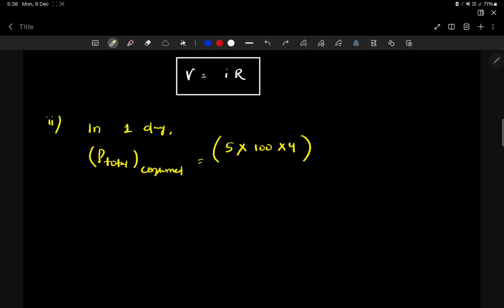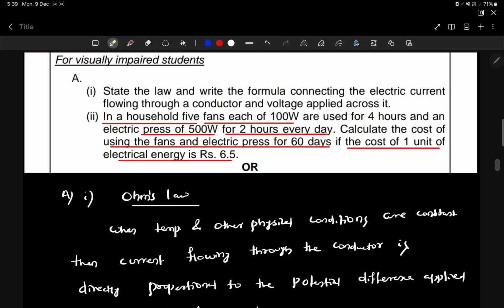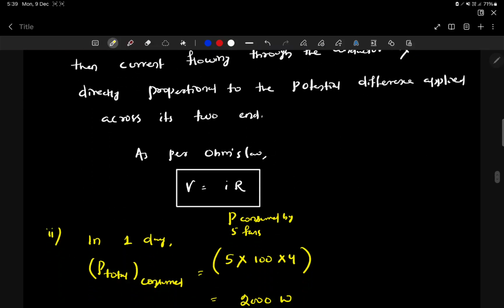That means total power consumed by 5 fans is 500 into 4, that is your 2000 watt hour. Again, in order to calculate the total power consumed in one day, you calculate the power consumed by the electric press. So power of electric press is given 500 watt and it is operated for 2 hours.